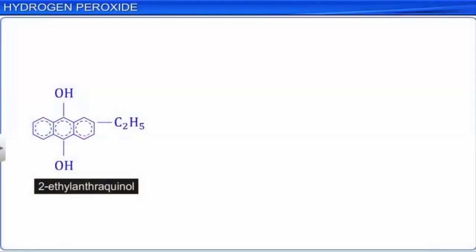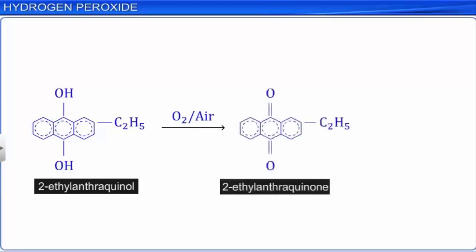Commercially, hydrogen peroxide is prepared by auto-oxidation of 2-ethyl anthraquinol. First, air is passed through 2-ethyl anthraquinol to yield 2-ethyl anthraquinone and hydrogen peroxide. The product, 2-ethyl anthraquinone, is then reduced.